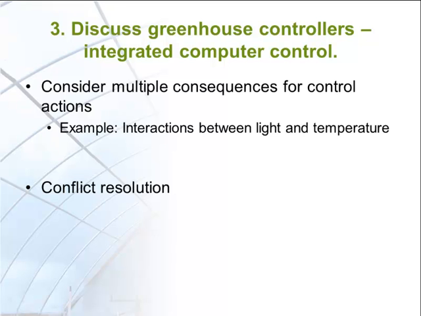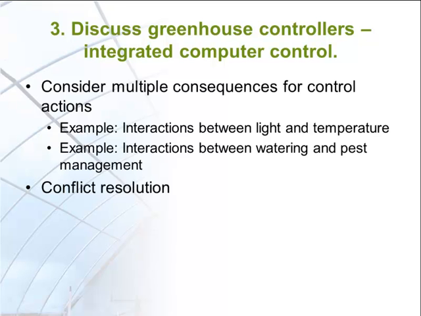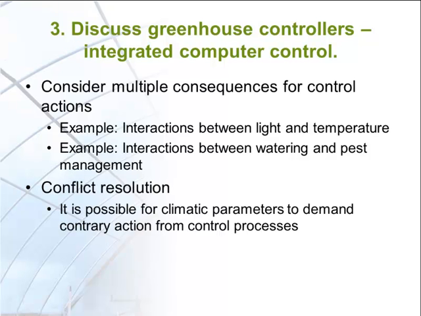For example, there are interactions between light and temperature. There are interactions between watering and pest management. In our greenhouse operation, there are occasionally climatic parameters that demand counter actions from control processes.